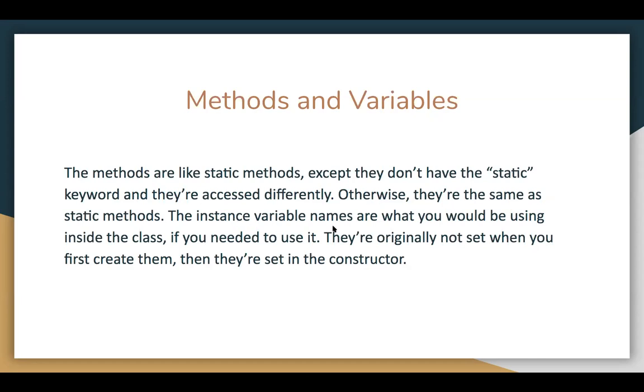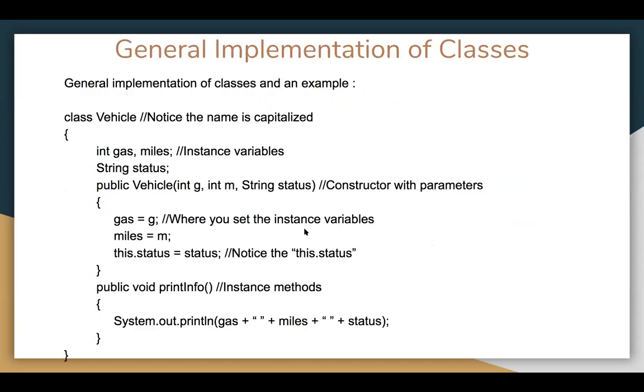The instance variable names are what you'd be using inside the class if you needed to use them. Scrolling back up to the previous example, you can see that even though I have the parameter names here and the instance variables here, the names I'm using are the instance variable names.